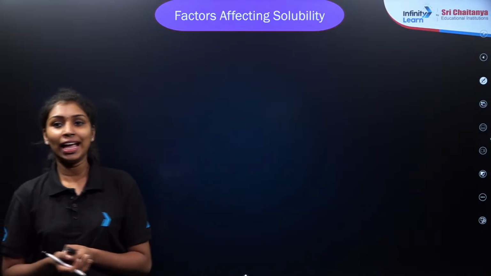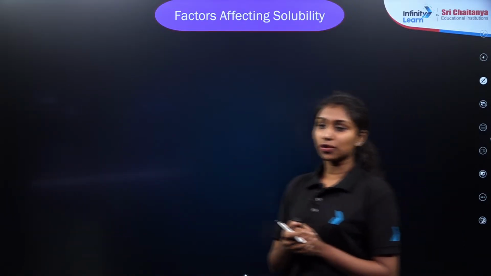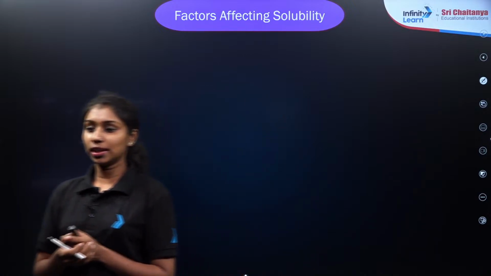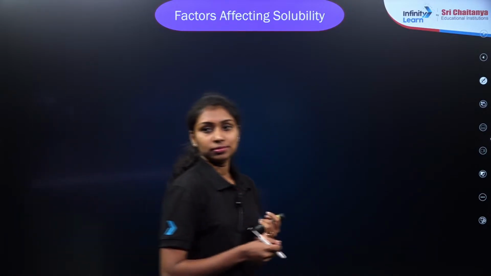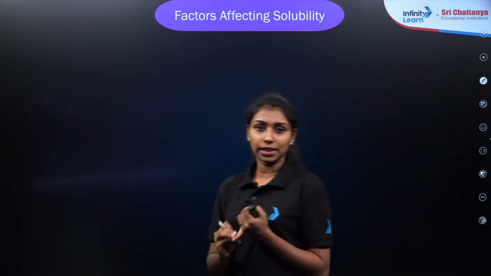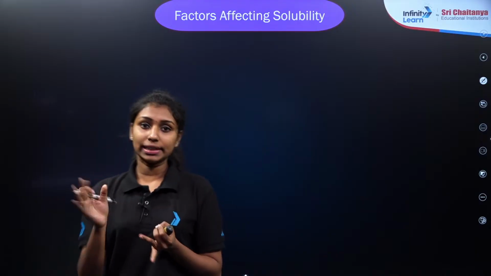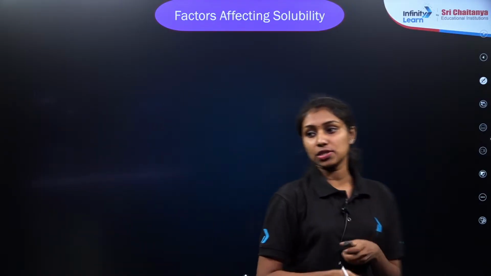Hi Anshuman. Okay. Do you have any idea about what the factors affecting the solubility of a solute in a solvent or solution are? Definitely in the case of a solution, two components are present, right? One is solute and another one is solvent. So solubility definitely depends on the nature of solute and solvent, right?